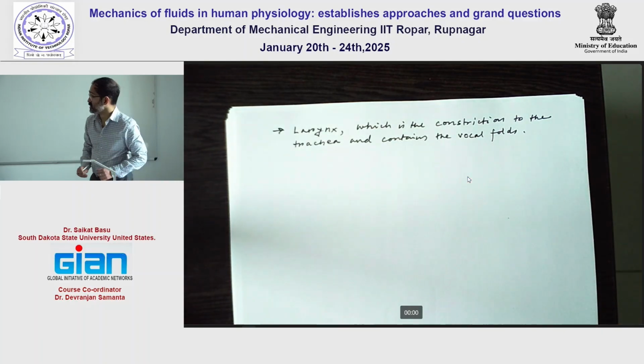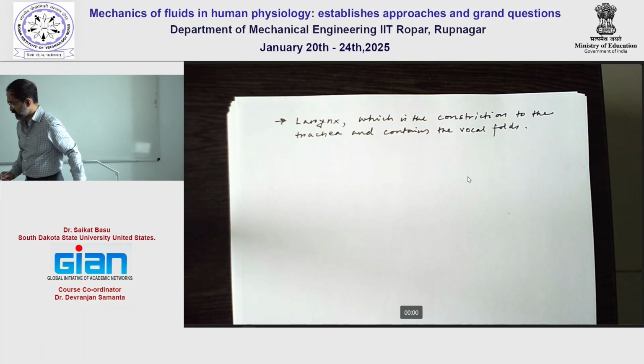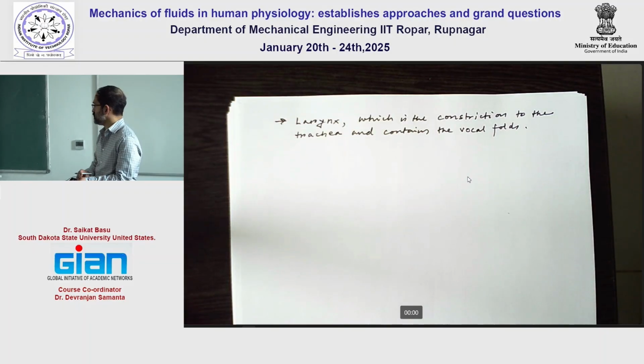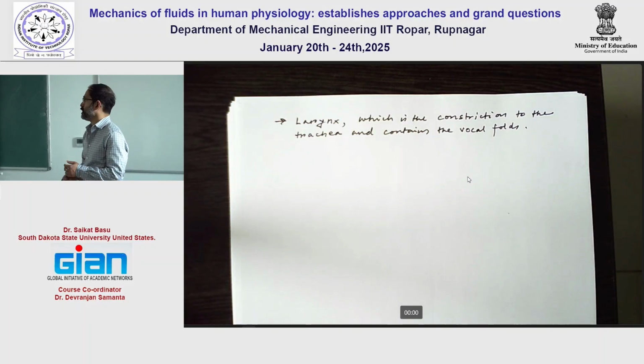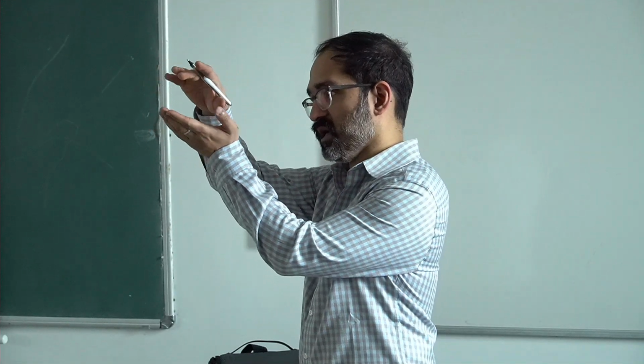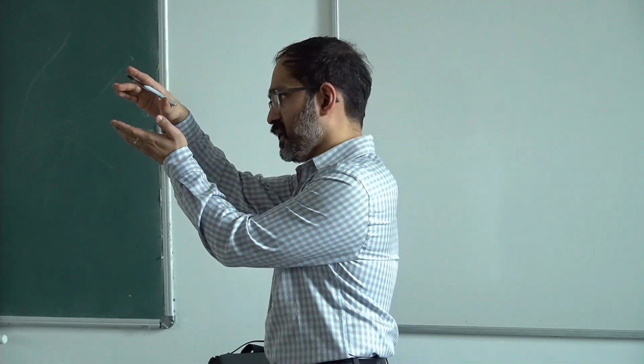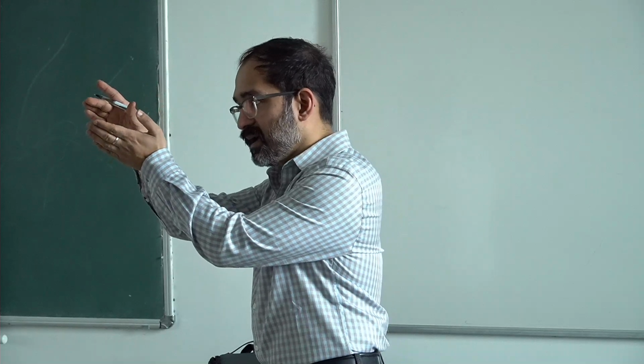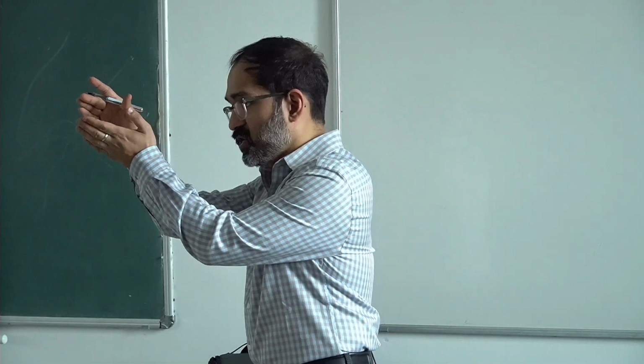This constriction is also significant, and we will see this tomorrow. If you think about the mean airspace, the cross-sectional size stays very consistent until it hits the larynx, and then there is a very sharp narrowing in the cross-section, and then it diverges out again at the trachea.